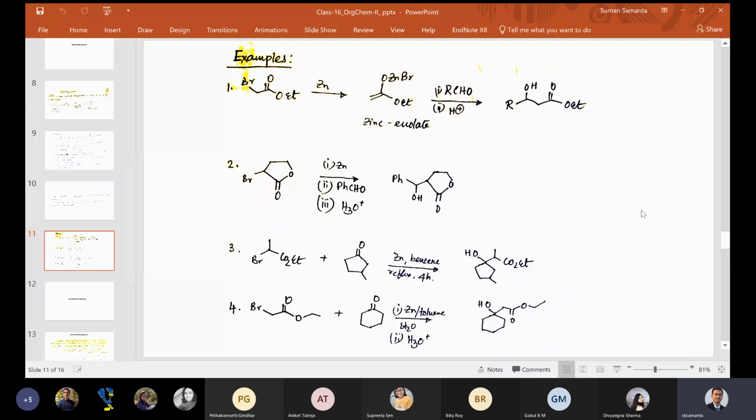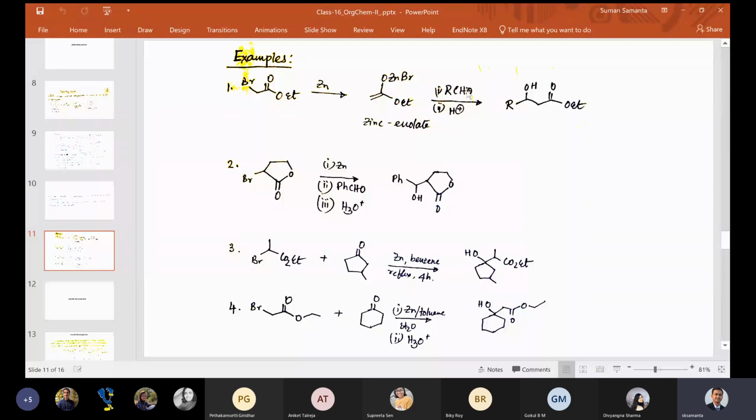So here are some examples related to this Reformatsky reaction. If you have an alpha halo ethyl acetate with bromine, then with zinc it will first form the organozinc compound and then the enolate. Then you take this aldehyde and you get this kind of addition product. It is very simple. Just imagine that there is a negative charge here.